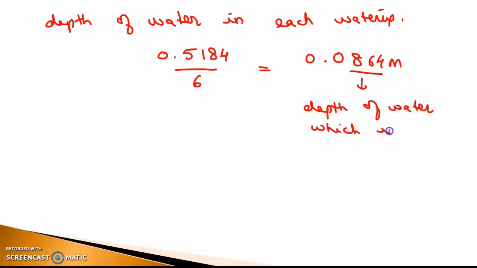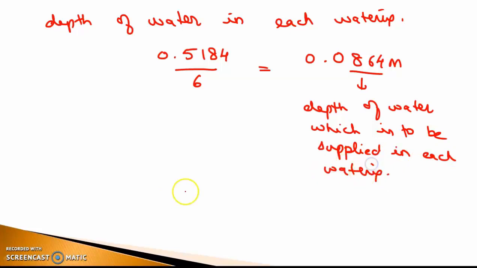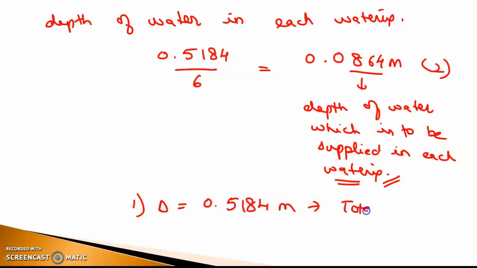And this is the depth of water which is to be supplied in each watering. So ultimately we got the second answer as well. So here the sum is completed. I'll just summarize this. In the first case we got delta is equal to 0.5184 meter, and this is the total depth of water.